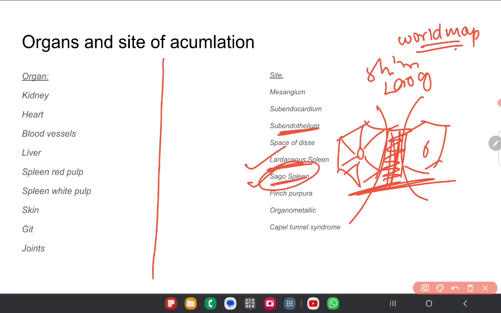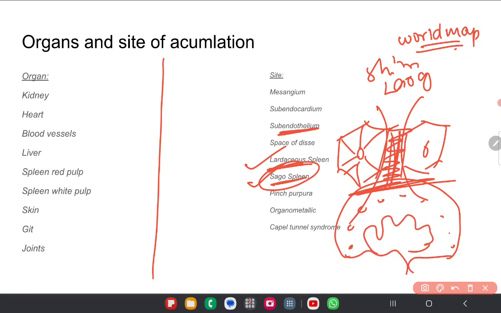What is sago spleen? In the spleen structure we can observe whitish follicles on the periphery, whereas the reddish part is the red pulp. Accumulation in the white pulp leads to a sago grain appearance throughout the spleen. So this is sago spleen.